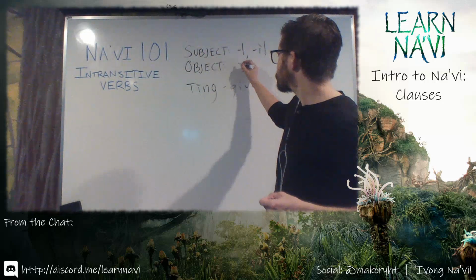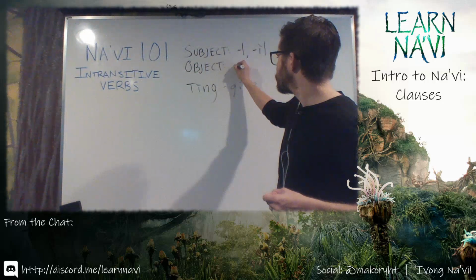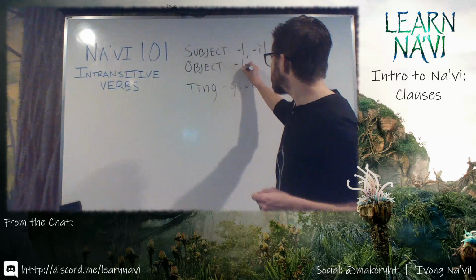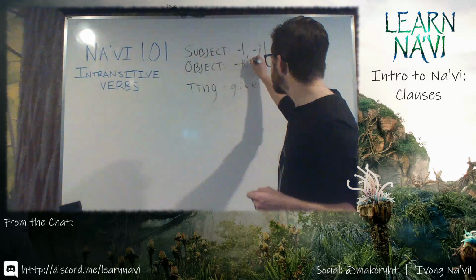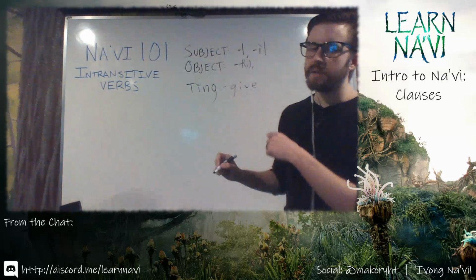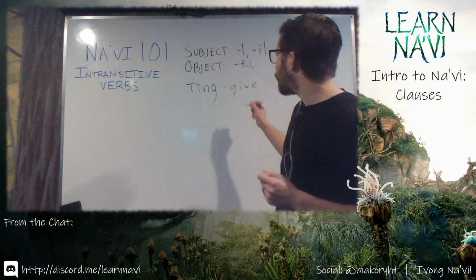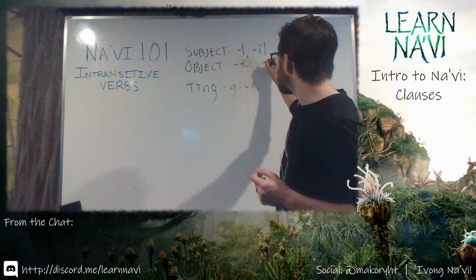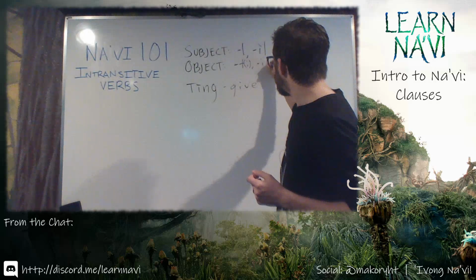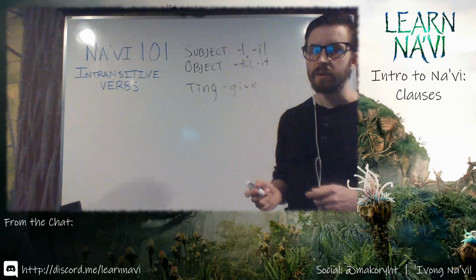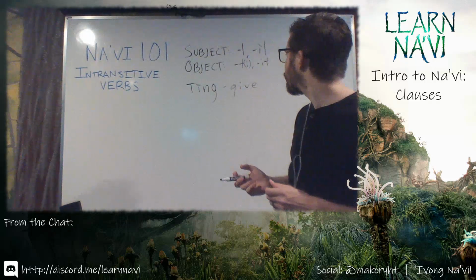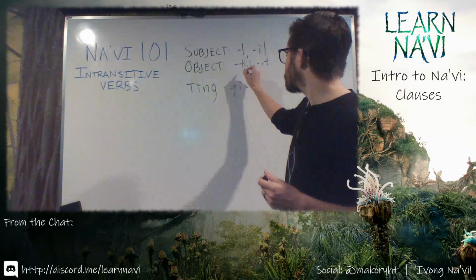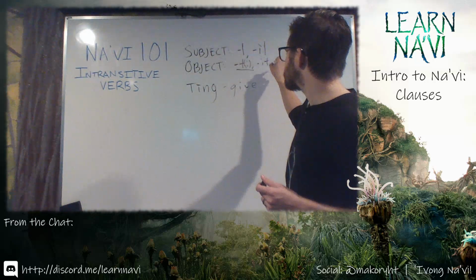For our object, we have the T-I case ending for words ending in vowels or consonants, and we have the IT case ending for words ending in consonants. So this one can be used for both. This one can be used only for nouns ending in consonants.